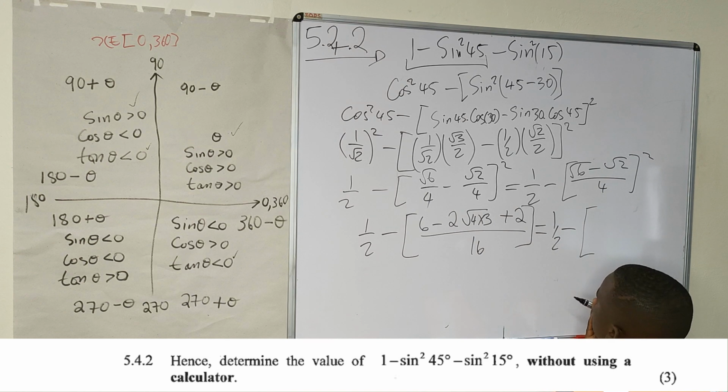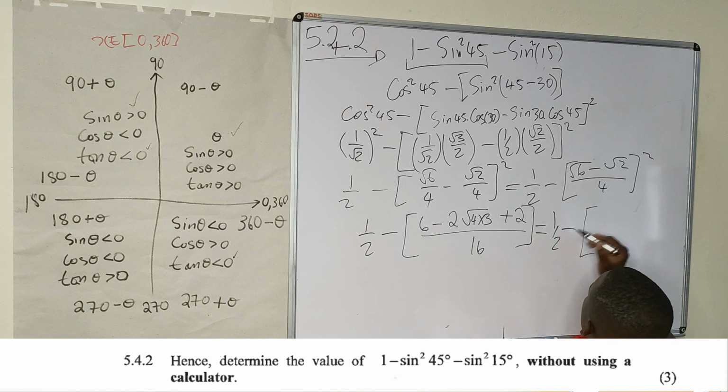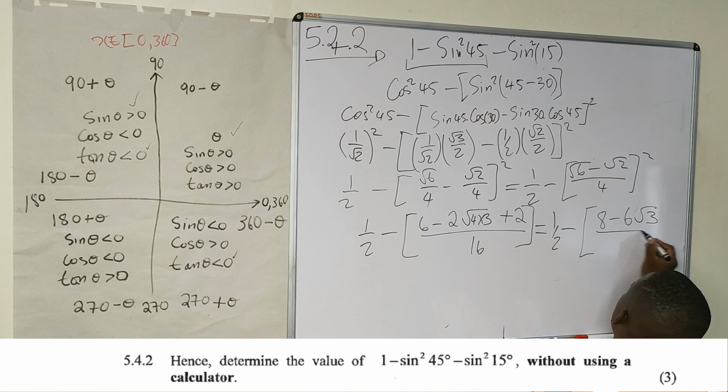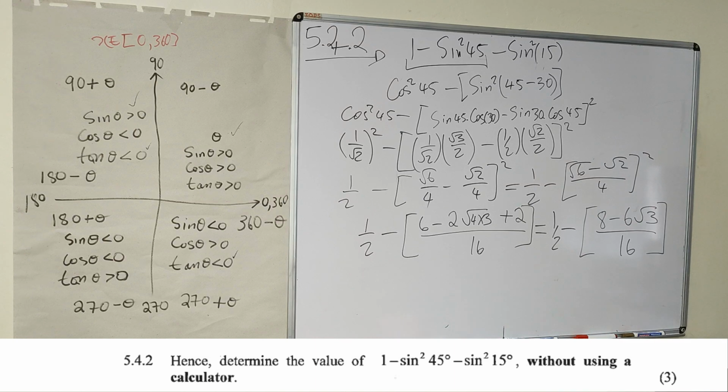This and that, they make 8 minus 6 root 3 all over 16, right?